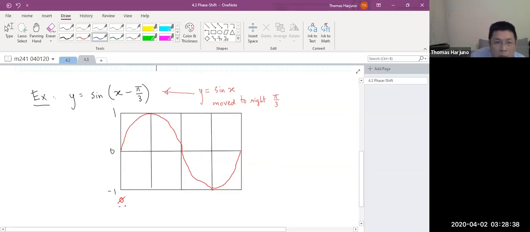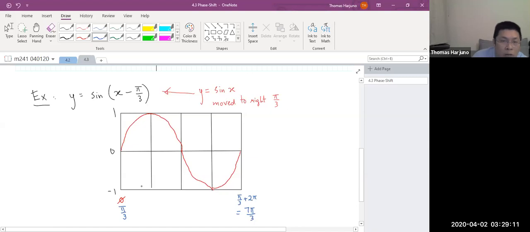Now, the period is still 2 pi. So after one period, this will be pi over 3 plus 2 pi, because remember, we shift to the right by pi over 3. So all the x's will move by pi over 3. If you do some algebra, this equals 7 pi over 3.